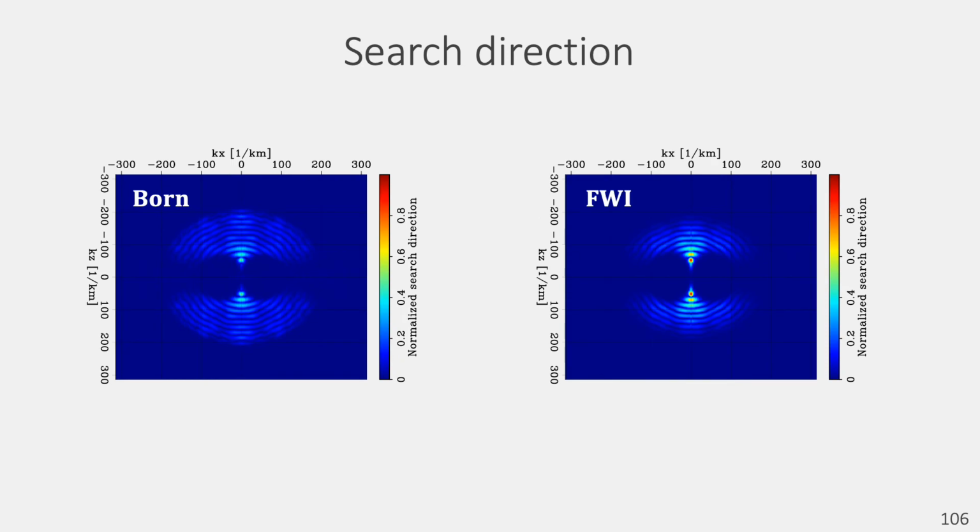These two figures show the amplitude spectra of the spatial Fourier transforms of the initial FWME Born search direction on the left panel and the initial search direction of conventional FWI on the right panel. As expected, the two seem to recover the same wave number components of the model.